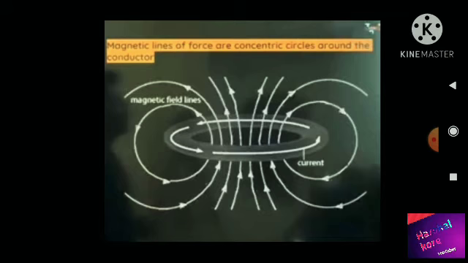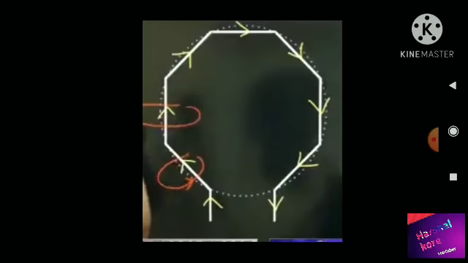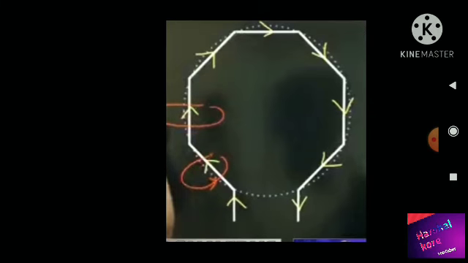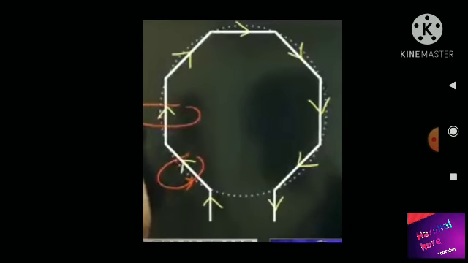So let's move on. We know that a wire can be connected in a circle or in other ways. Here it is connected in a hexagon for an experiment, following the clock rule.